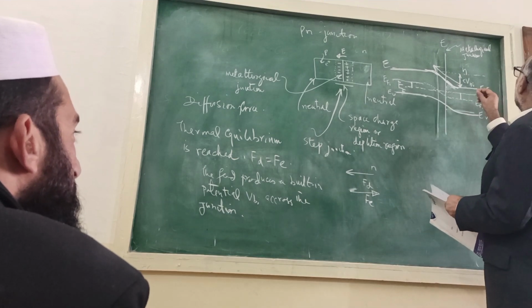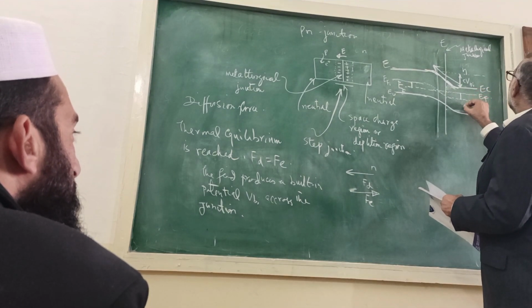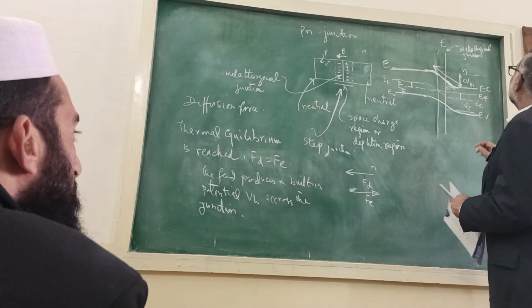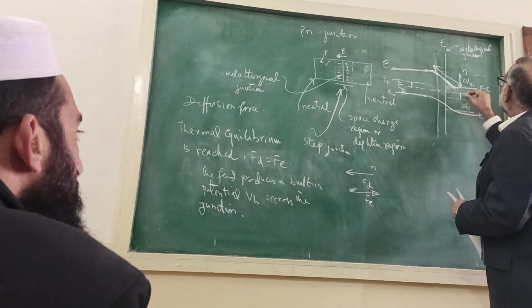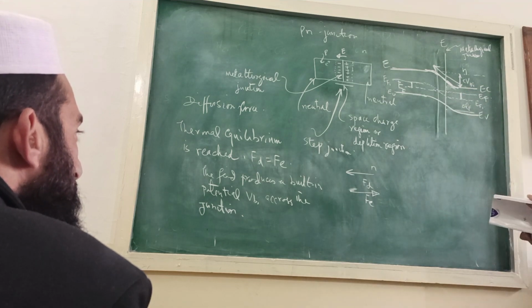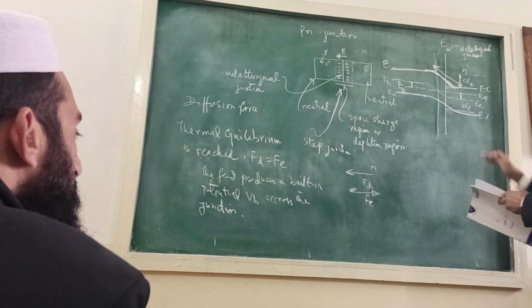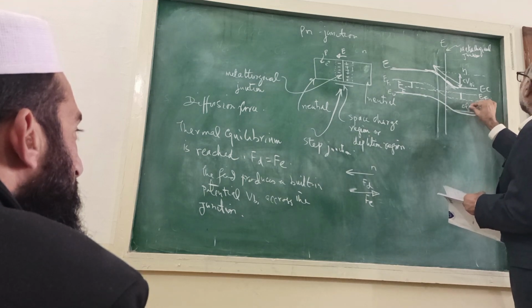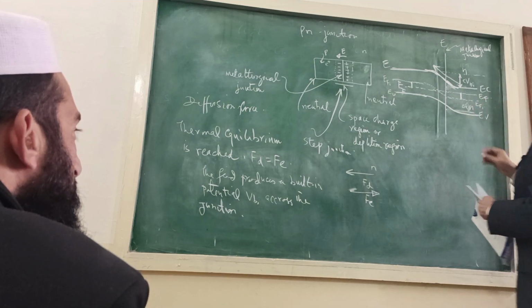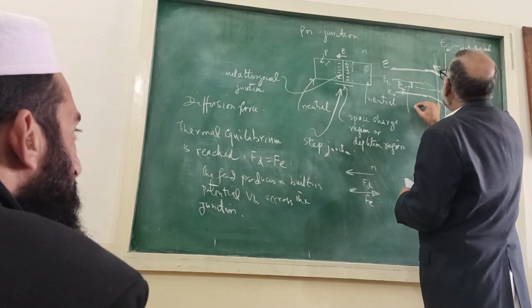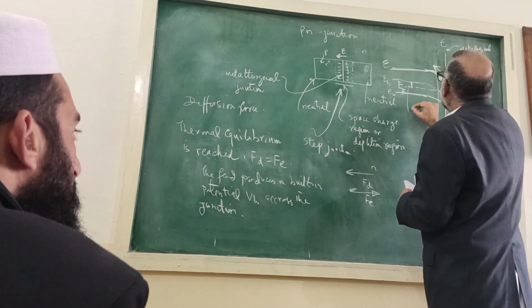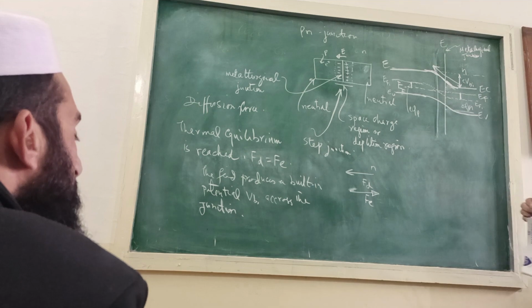If I call this a Fermi potential, this energy is E phi n on the n side, and on the p side this potential is phi p and the energy is E phi p.